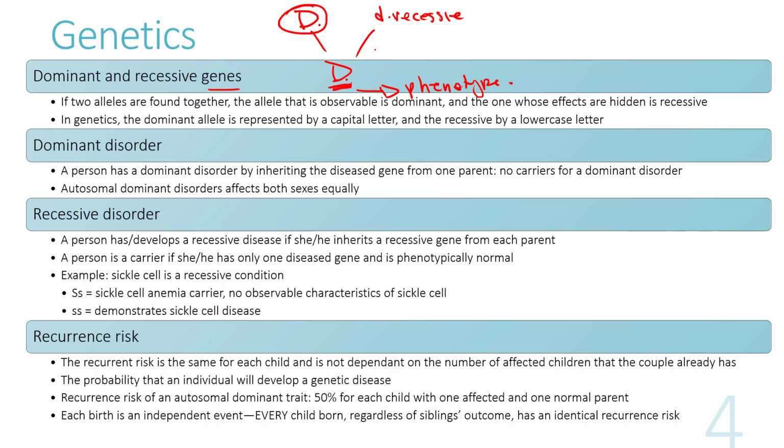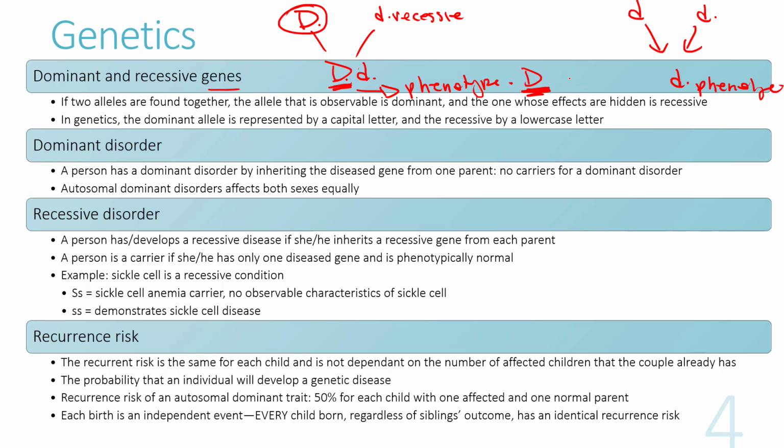If a person has capital D, small d, the phenotype would be the big D. Whereas if you have a recessive gene, in order for the phenotype to be the little d, that person would have to inherit a little d from each parent.